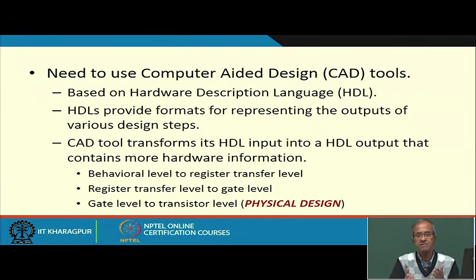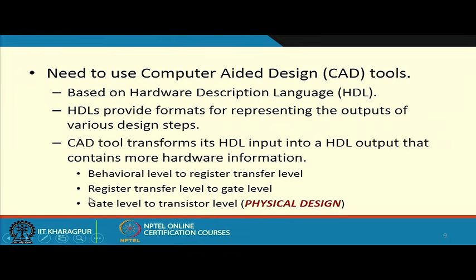So, what is register level specification? Register level specification means a kind of circuit netlist which consists of components or modules like buses, registers, adders, multipliers, multiplexers, some bigger functional modules or blocks. This is called register transfer level specification.